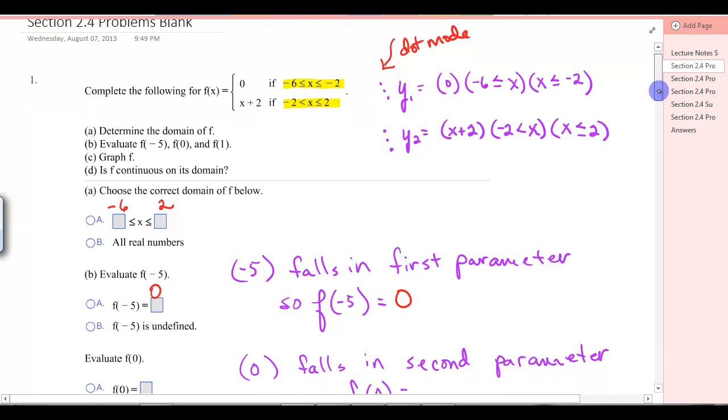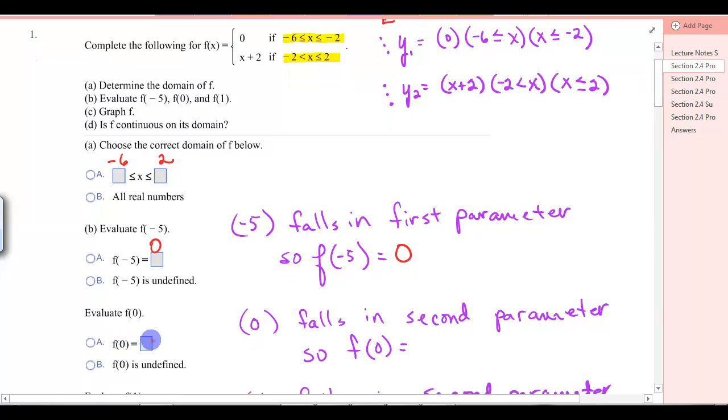All right. F of 0, where does 0 fall? Well, this is between -6 and -2, you don't hit 0. -2 to +2, it falls here. So we plug into this piece. So we would have 0 plus 2, which equals 2. So f of 0 would be 2.